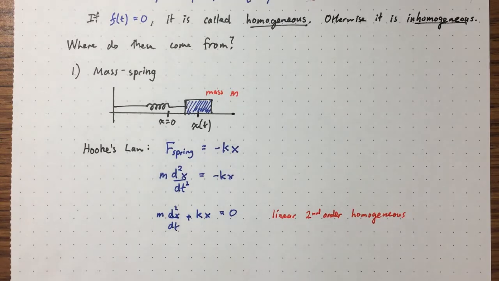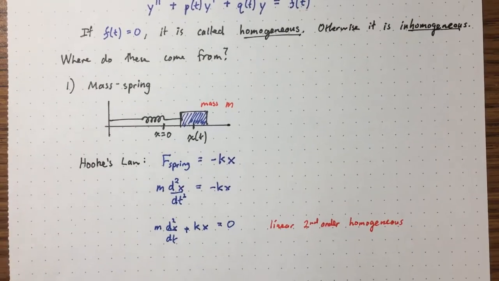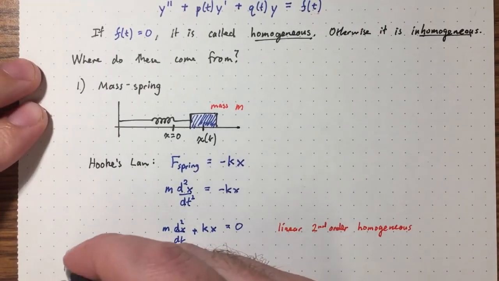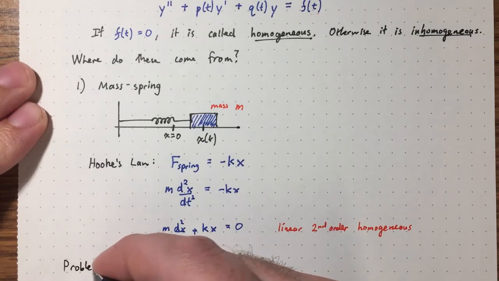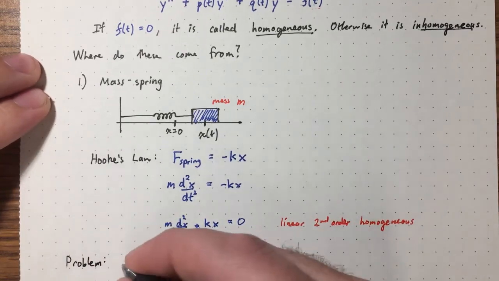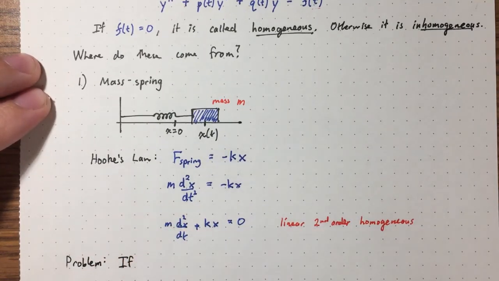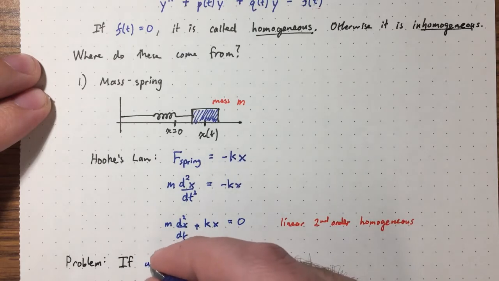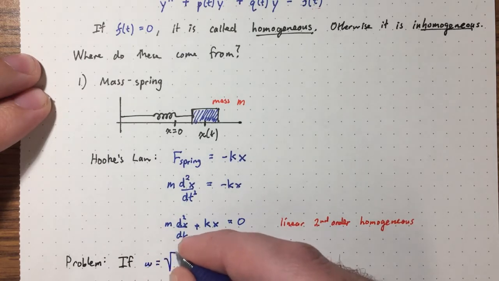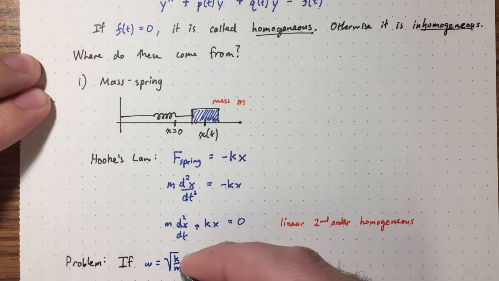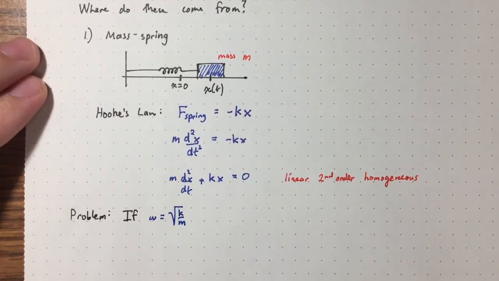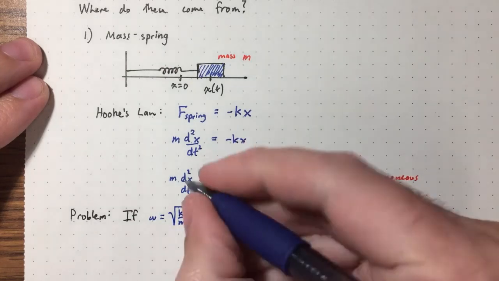And I want to give you a quick problem. So here's a problem. So first I'm going to set omega equal to the square root of k over m. So that's a special number for this differential equation. So if omega, oh, I need a square there.